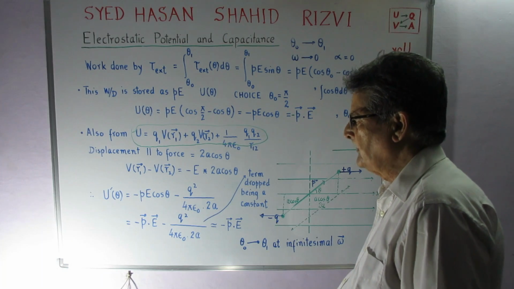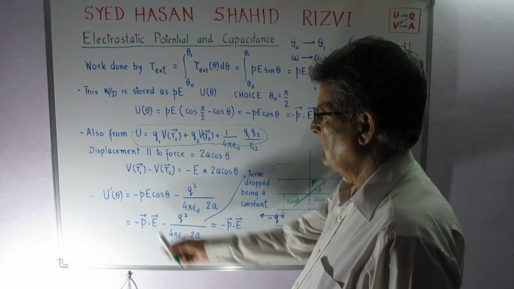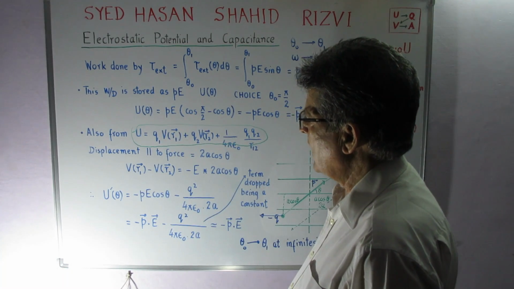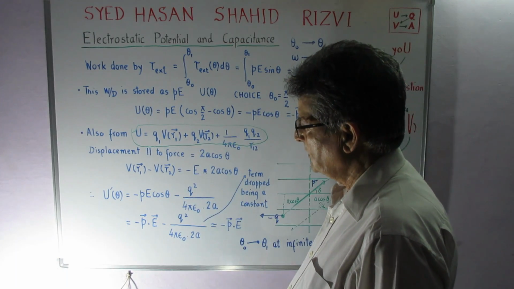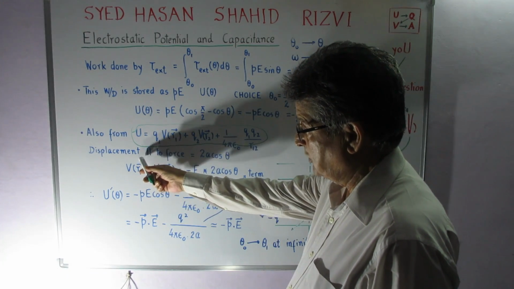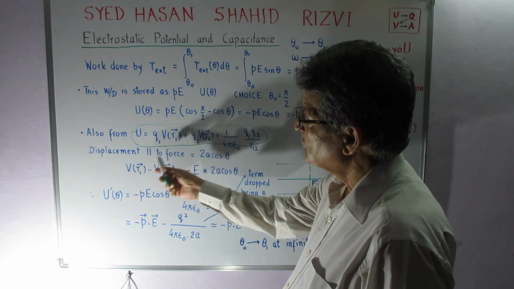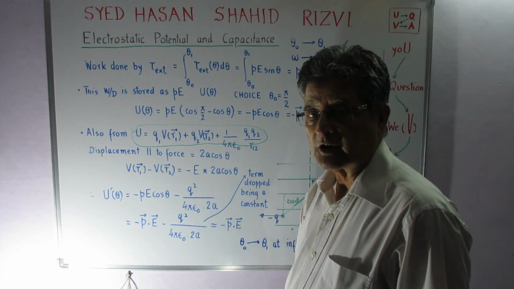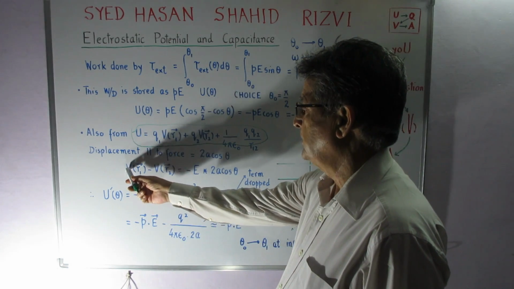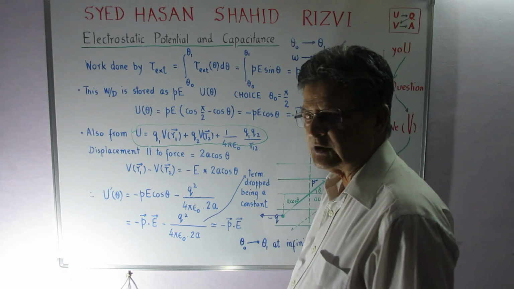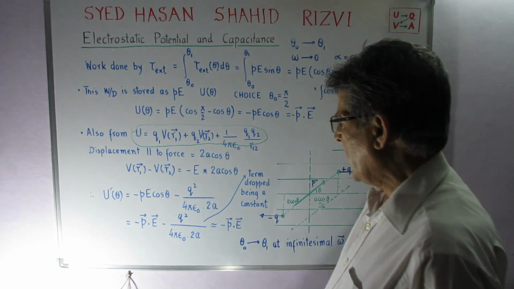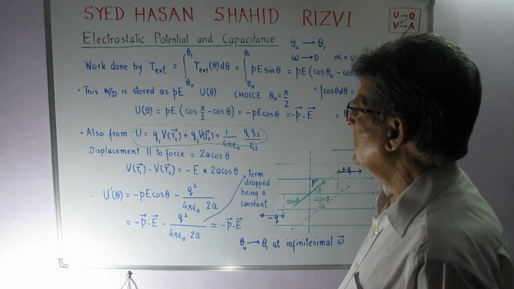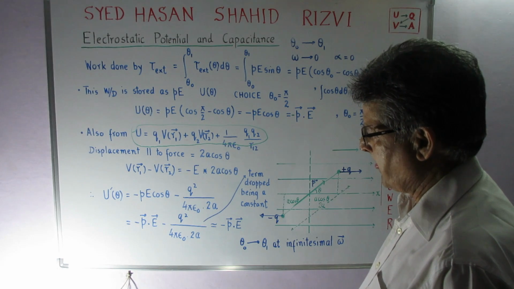So I can write the value of V(r1) minus V(r2). Some of the students may be confused because I have taken a vector over here, and they may think that these are vectors, but no, I am having the potential and potential here, so there is no question of vector. So that turns out to be equal to minus E into 2a cos theta.